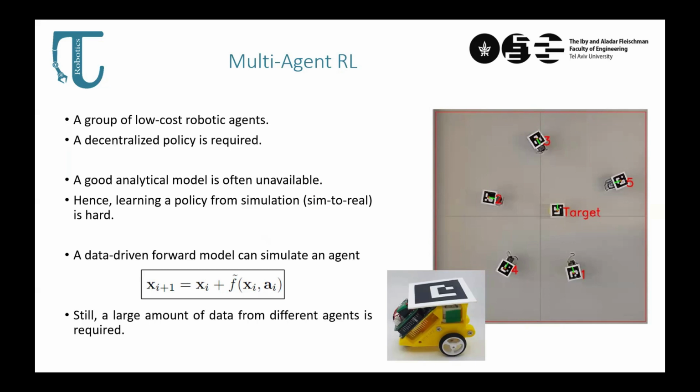So we initially started working on robotics for underwater exploration, a group of robots, but because it's easier, we started with ground robots. We built very cheap, low-cost micro ground robots, and the idea was to have them reach some target or do some tasks together with a decentralized policy.